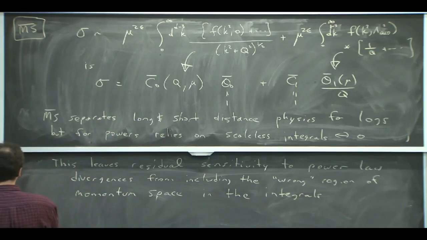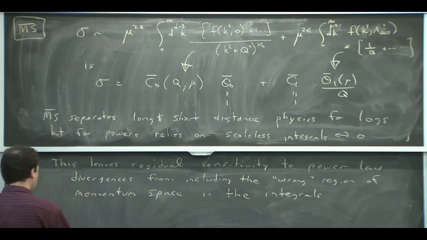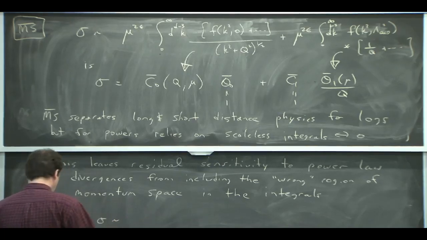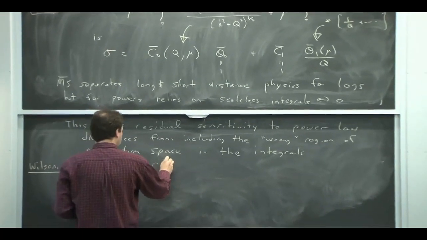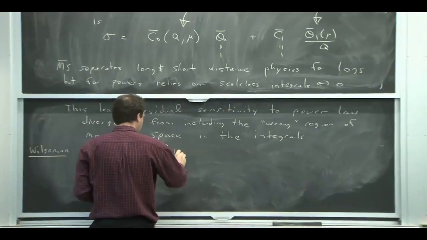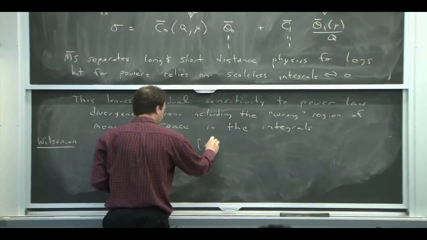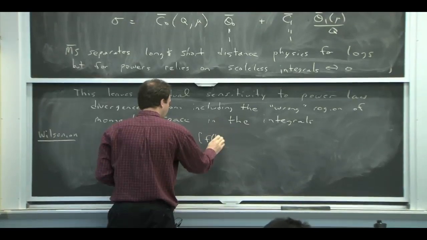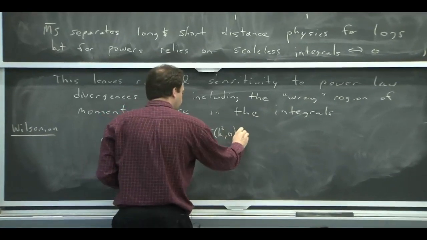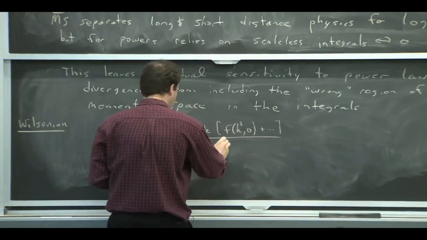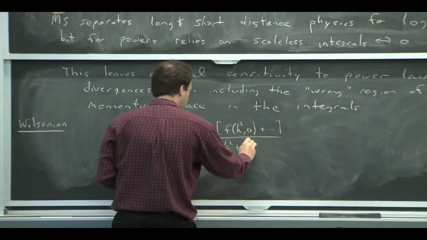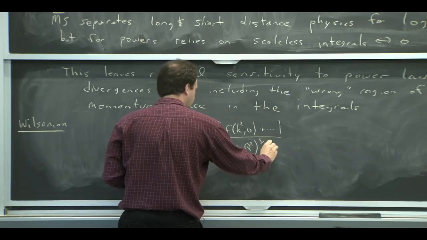What would happen if you did a Wilsonian picture in our toy model? Well, then you would cut off the integrals explicitly. You'd say, let's introduce some scale lambda f. I could still think of expanding in the same way. I don't need the dimensional regularization anymore, so I'll get rid of that.